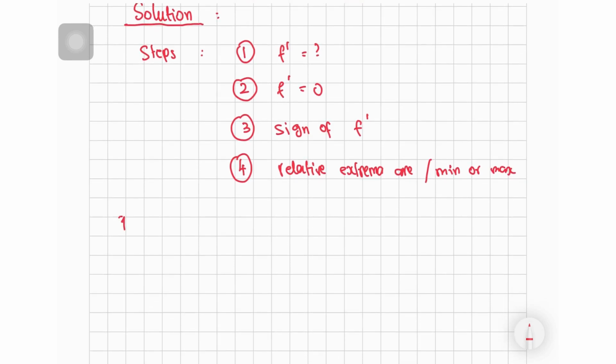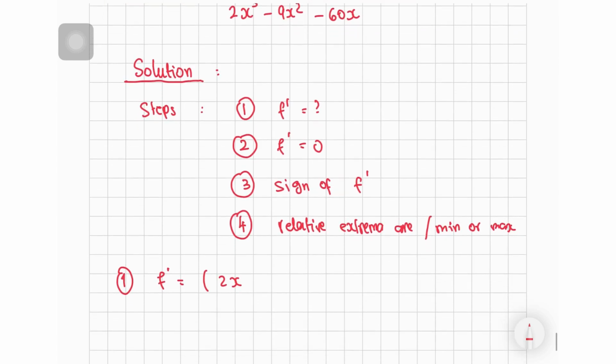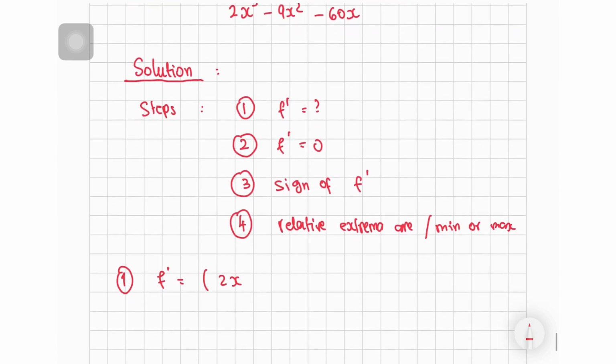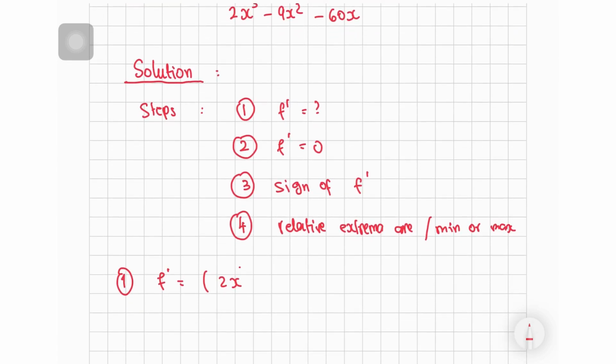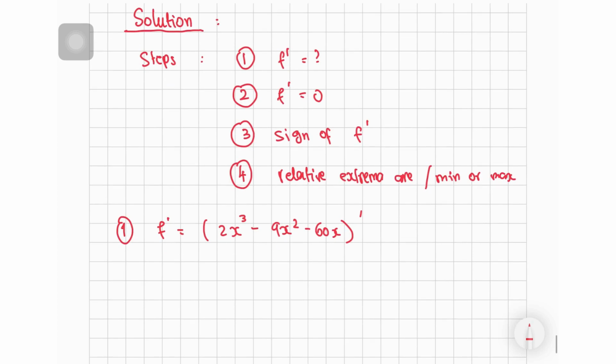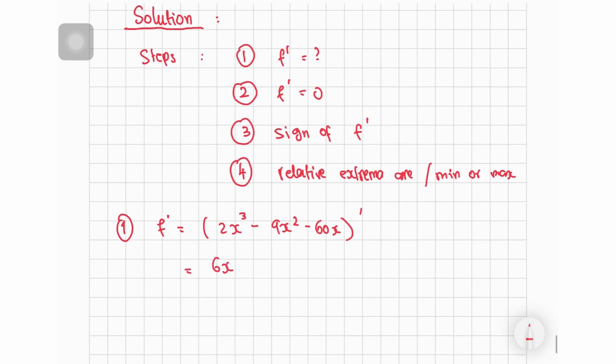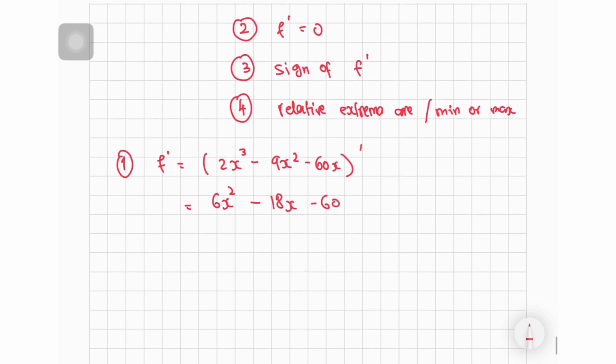So let us do the first step. F prime of x will be the derivative of 2x cubed minus 9x squared minus 60x, which is 6x squared minus 18x minus 60. So that's the first step.